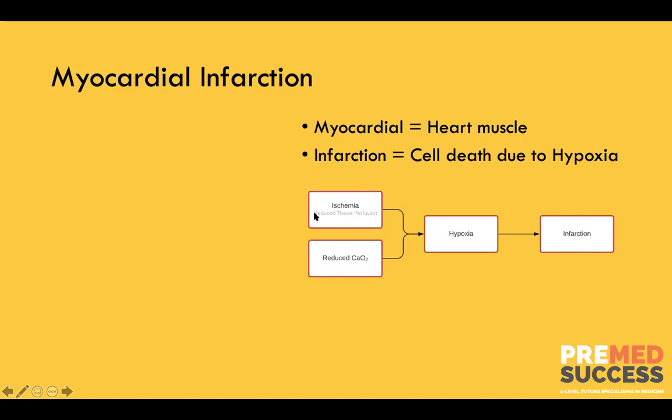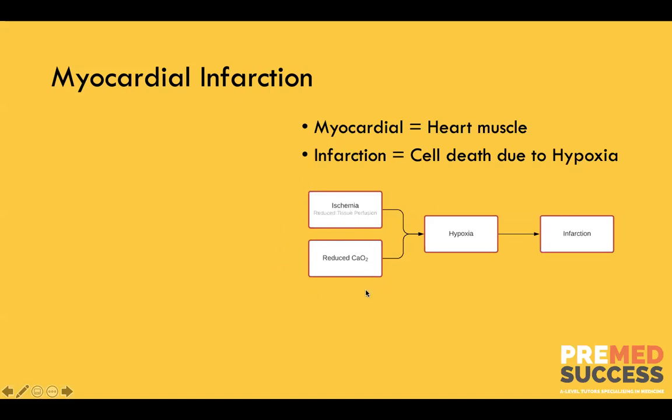But ischemia is, don't worry too much about reduced CO2. That's reduced total or common arterial oxygen levels due to blocked lungs, COPD, pneumonia, something like that. But ischemia is reduced tissue perfusion.